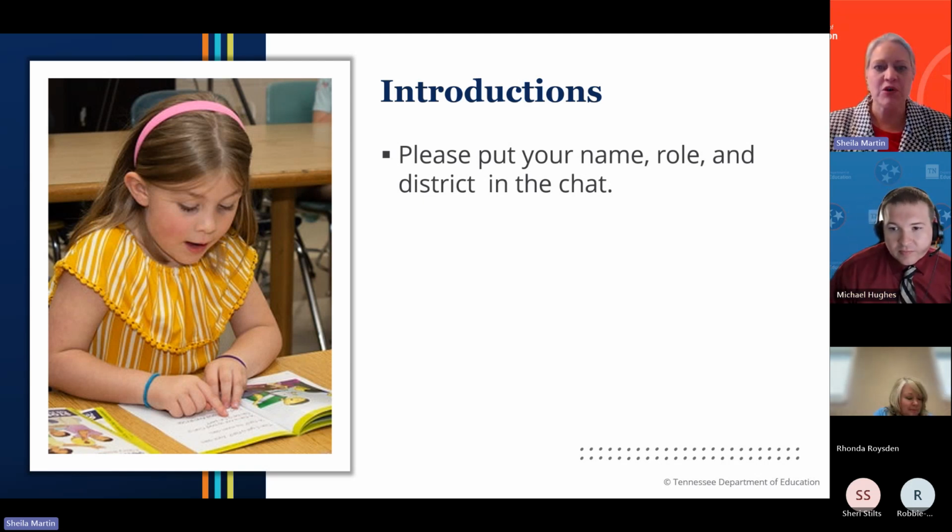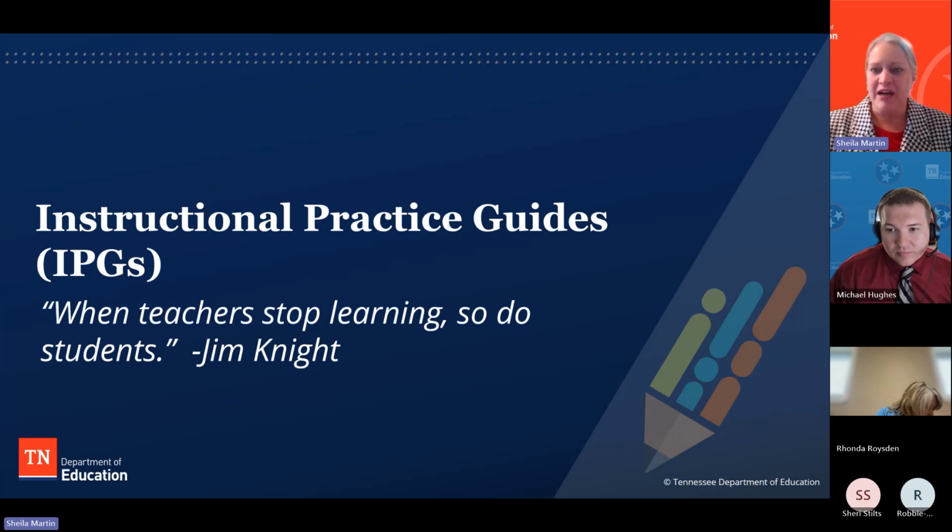Awesome. So the instructional practice guides, first we're going to discuss the purpose of the IPGs. Tools like the IPG are important for several reasons. One being that we always want to build a culture of continuous learning for all educators, regardless of what role you hold. Like the quote says, when teachers stop learning, so do students.